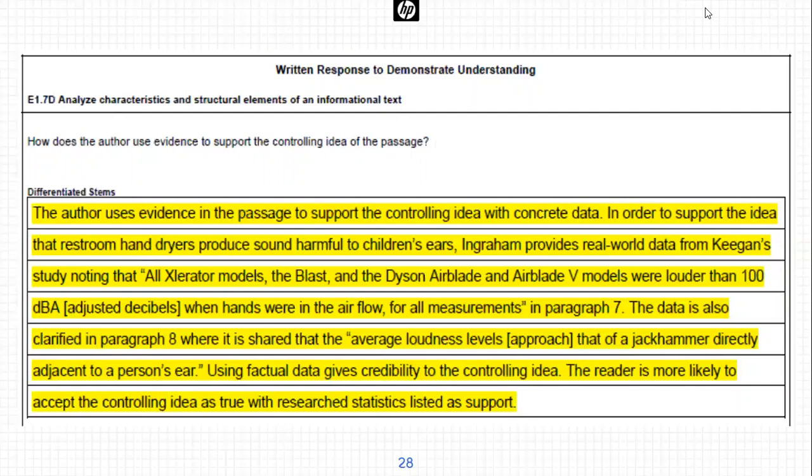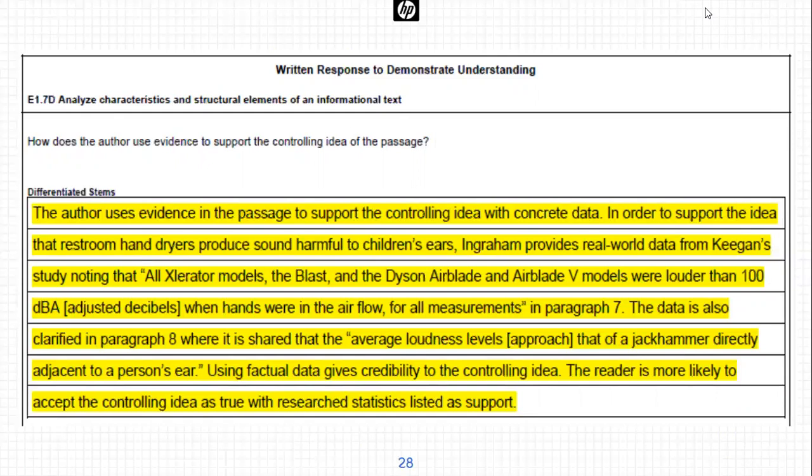The author uses evidence in the passage to support the controlling idea with concrete data. In order to support the idea that restroom hand dryers produce sound harmful to children's ears, Ingram provides real-world data from Keegan's study, noting all accelerator models, the Blast and the Dyson Airblade and Airblade 5 models, were louder than 100 decibels, adjusted decibels, when hands were in the airflow for all measurements in paragraph 7.